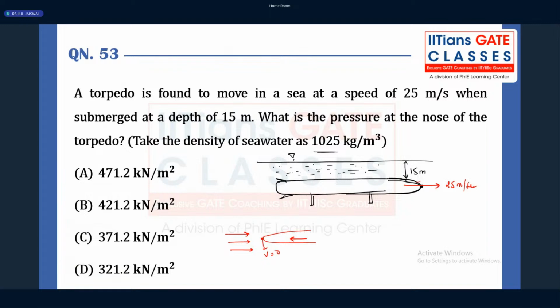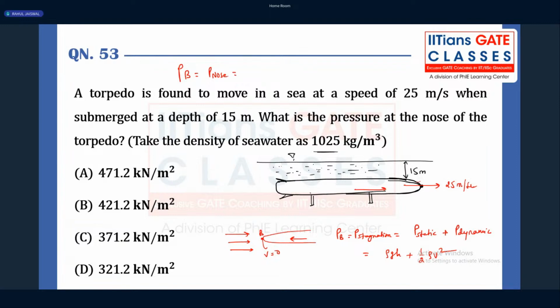Then whatever the pressure is at that point B, the total pressure will be the stagnation pressure. Everybody knows that. We know that it is static pressure plus dynamic pressure. What is the static pressure? Rho gh. What is the dynamic pressure? Half of rho v square, because we know the dynamic pressure from the pitot tube concept, right? So from here, what is the total pressure at a point B or at the nose?